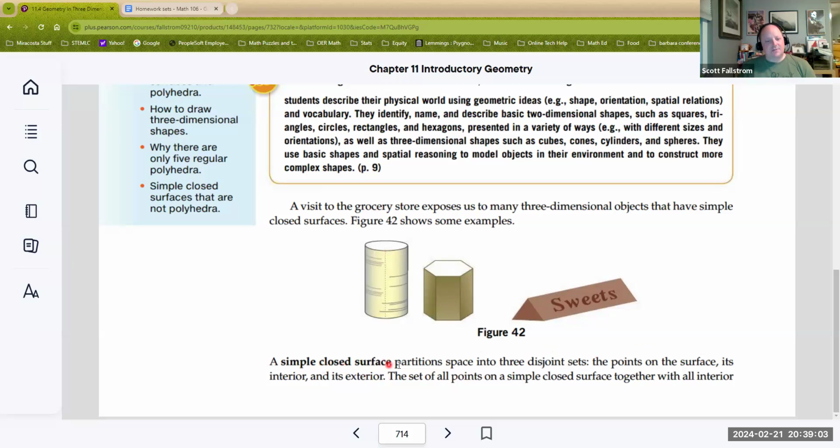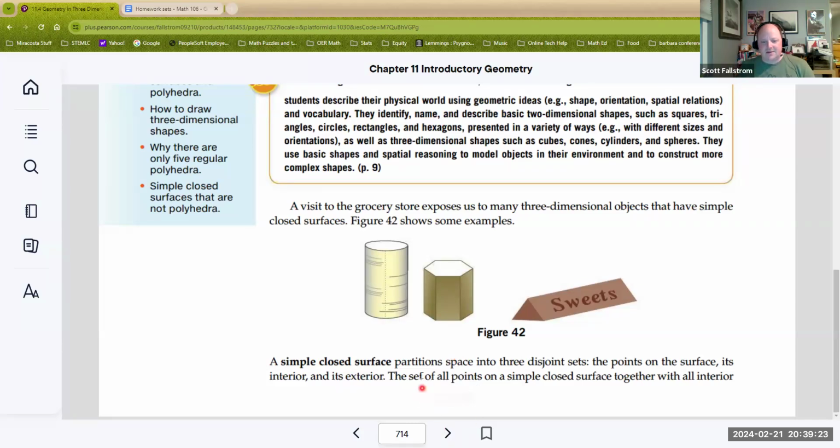Okay, so a simple closed surface partitions space, three dimensions. Instead of partitioning a plane, it partitions space into three disjoint sets. That is, the points that are on the shape itself, the interior of the shape, and the exterior of the shape.